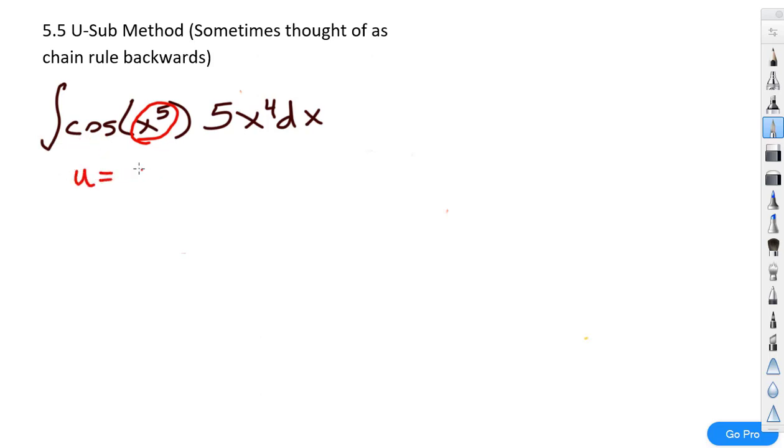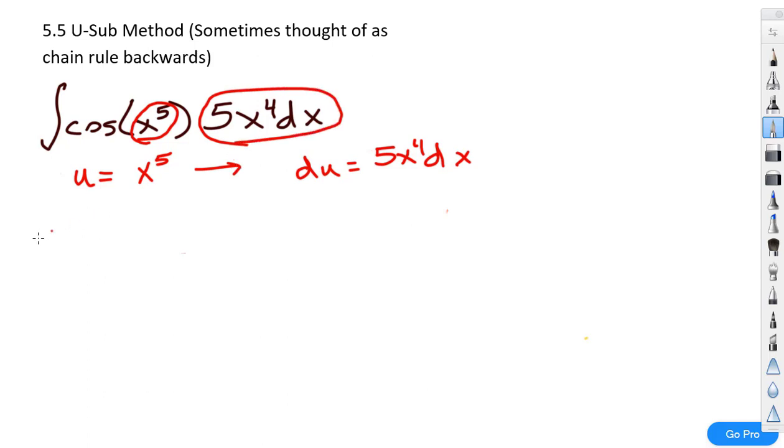So I'm going to let u equal x to the fifth, which means, now before I did the whole du over dx equals 5x to the fourth, but you can just take the derivative of both sides. So that's going to be du equals 5x to the fourth dx, which means I can substitute du for this entire bit.